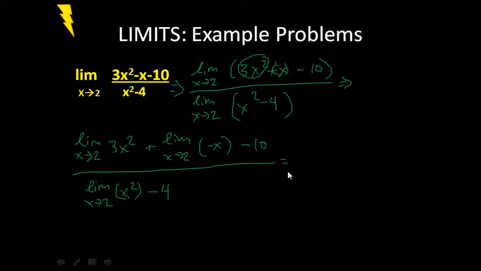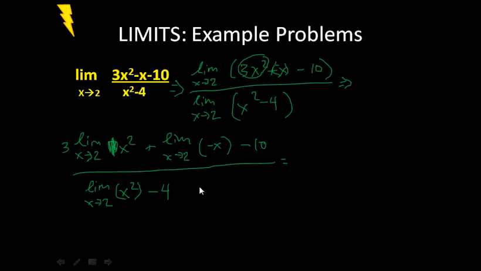So now what we can do is find the limit of these. For this term right here, we can pull out a 3 if you remember, using another property, so that gets rid of that. And we could take the negative out, but we'll just leave that.